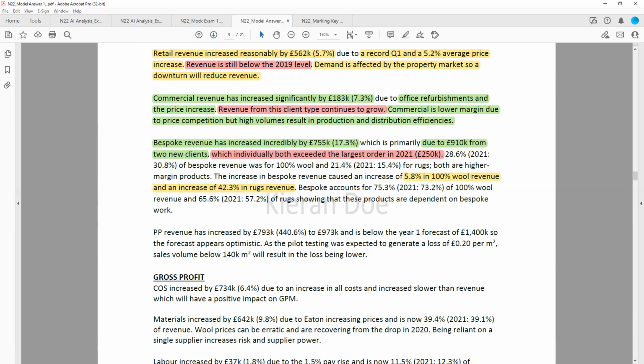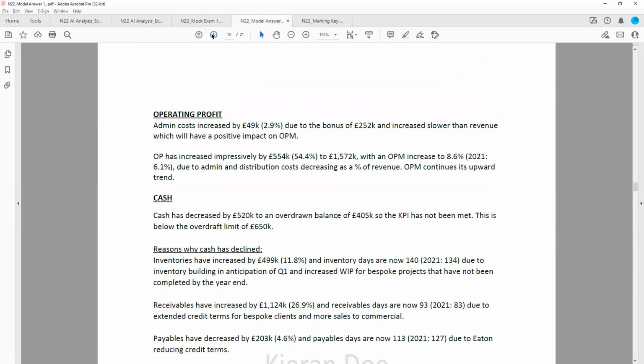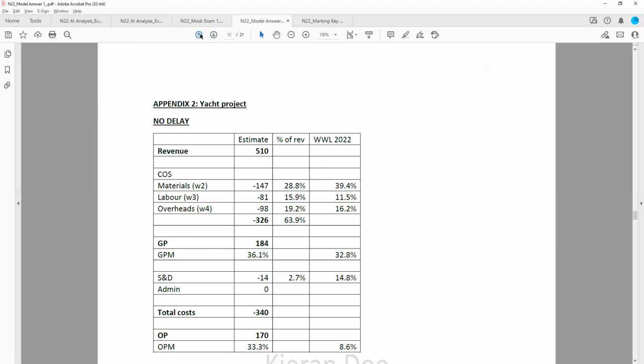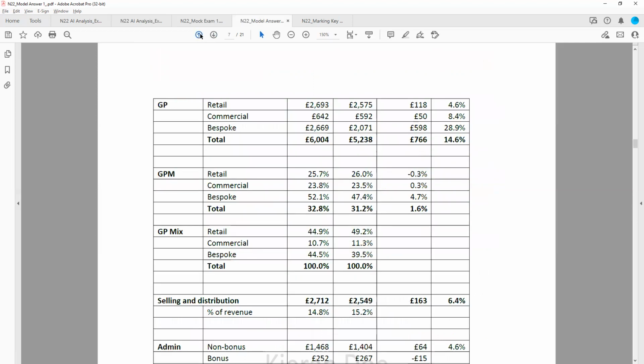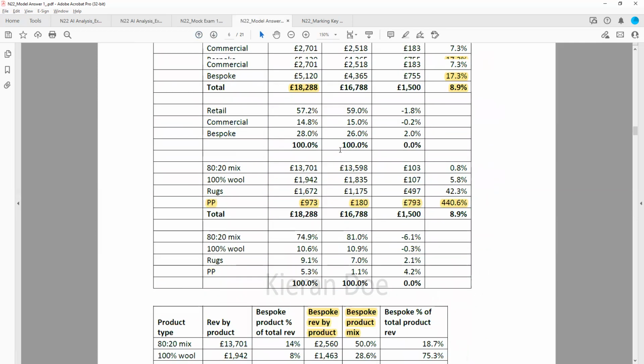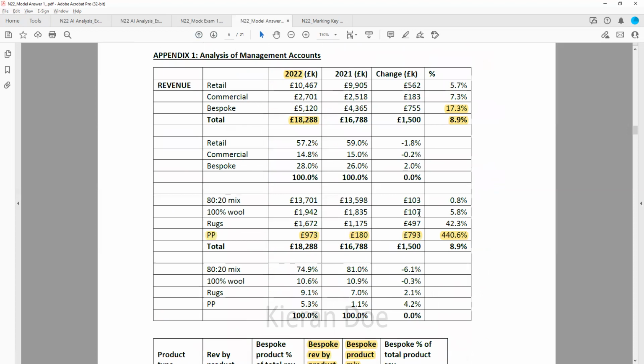And we can see how bespoke clients account for the majority of sales of these products. So selling these specific products is very dependent on bespoke work. So of course we can see that sales of these products had gone up quite significantly, and we were relating that to this bespoke work.